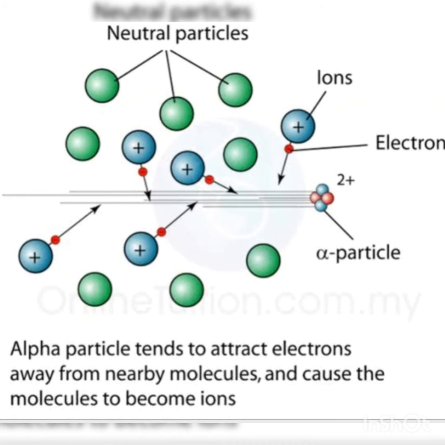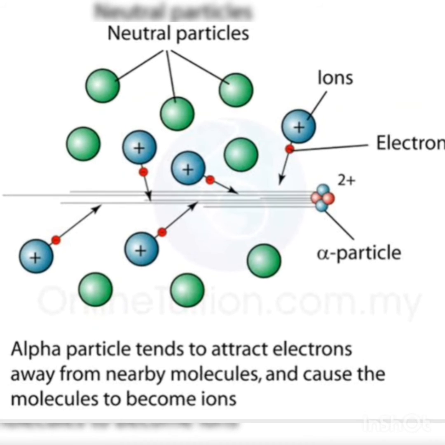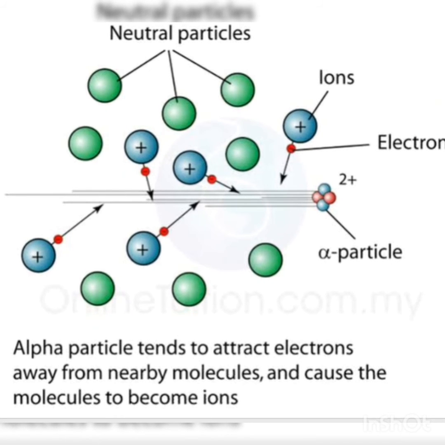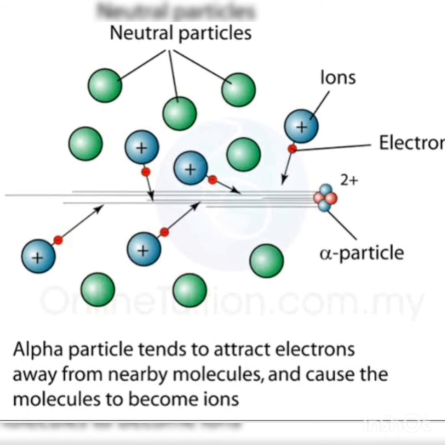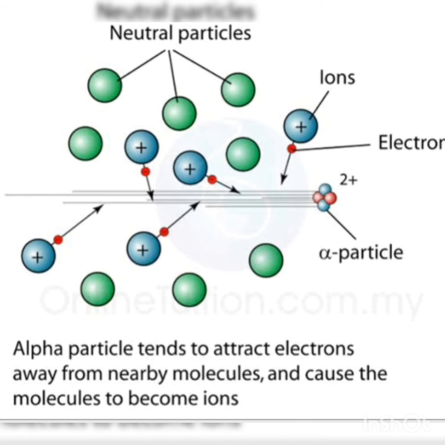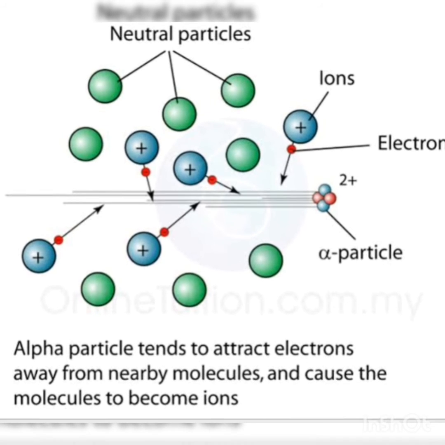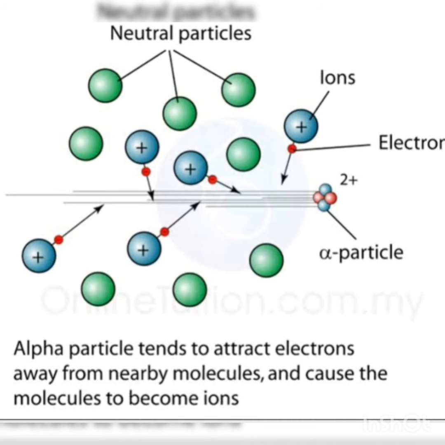So alpha particles have the maximum ionizing power. Then come the electrons, which are negatively charged; by electrons I mean the beta particles. Beta particles, being negatively charged, have less capacity than alpha particles to make ions. And lastly, gamma radiations have the least capability to make ions.